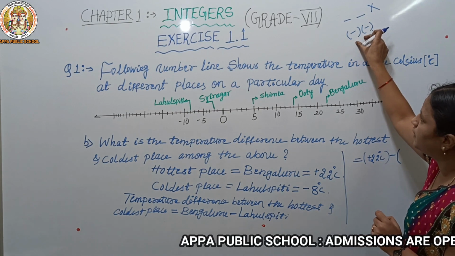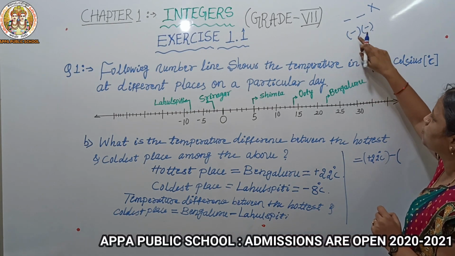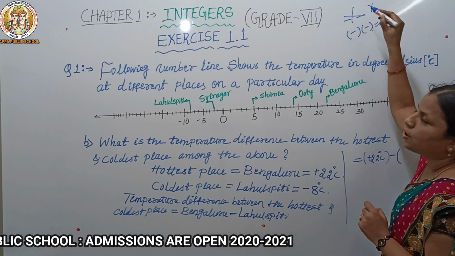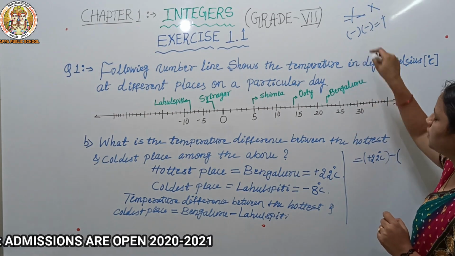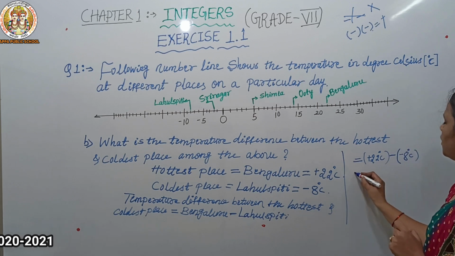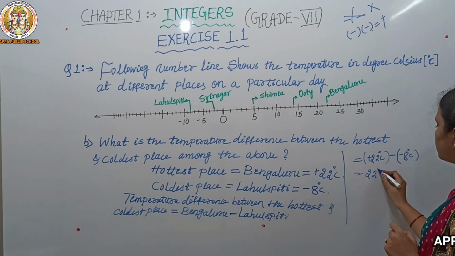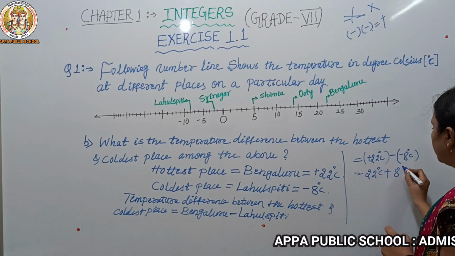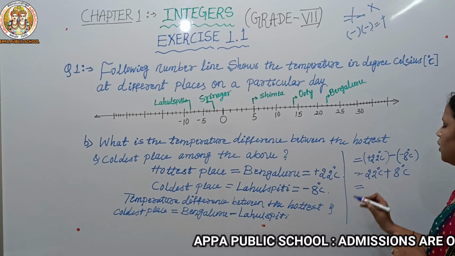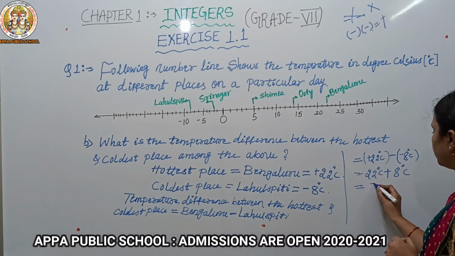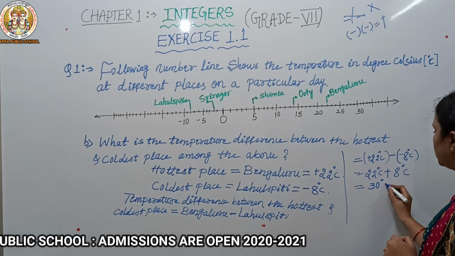This bracket indicates a multiplication, so minus into minus becomes plus. So this is a wrong step; you should follow this step. Now it is minus 8 degrees Celsius. So 22 degrees Celsius minus into minus becomes plus 8 degrees Celsius. 22 plus 8 is 30 degrees Celsius.